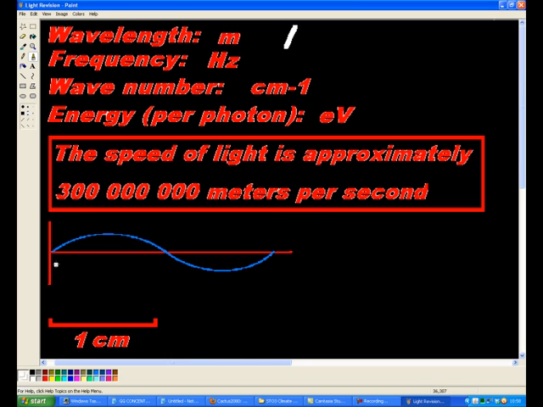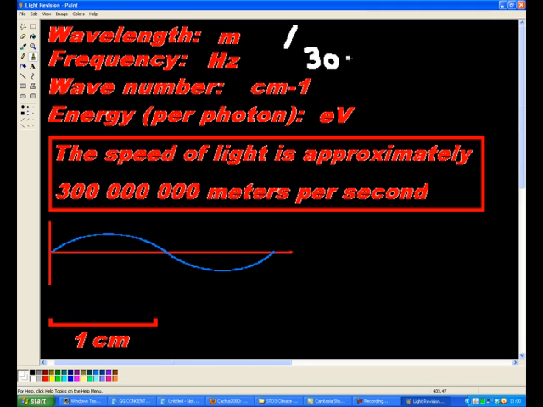Now if light travels at 300 million meters per second, and this length here is 1 meter, there are going to be 300 million of these 1 meter cycles per second. So the frequency is going to be 300 million per second.